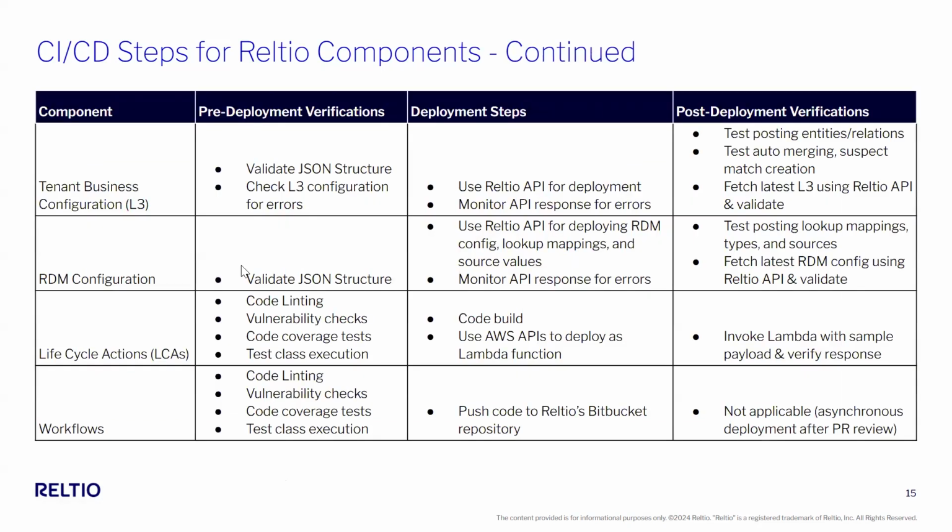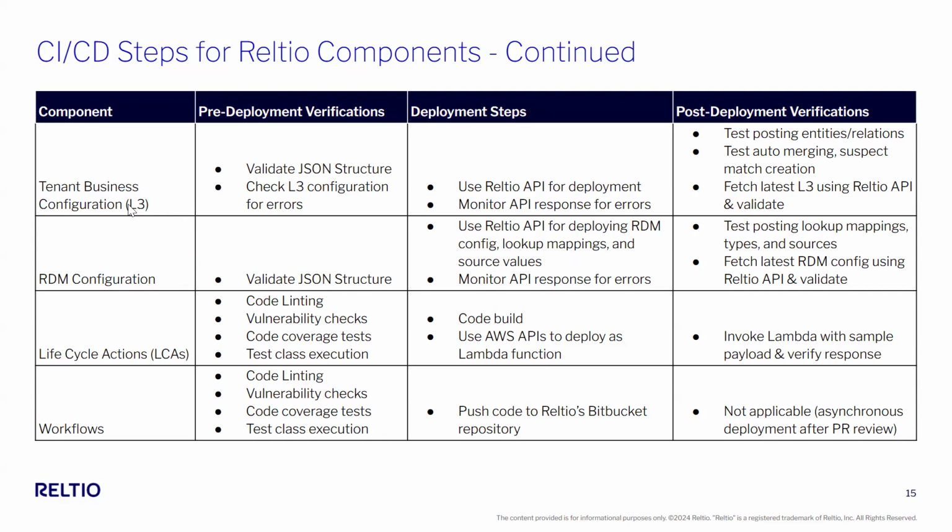So here I have listed down the various components and the different kinds of verifications that can happen for those components, right? So the most important one, or the most common one, is the tenant's business configuration, popularly known as L3 configuration, right?